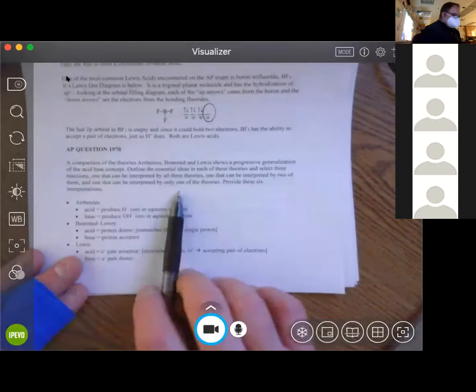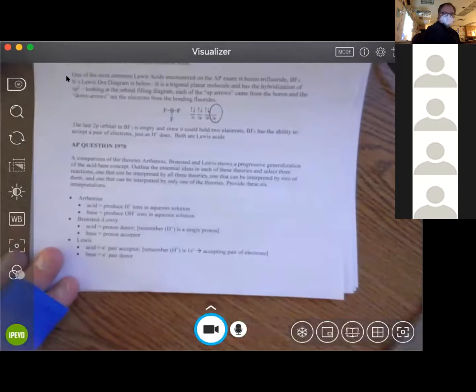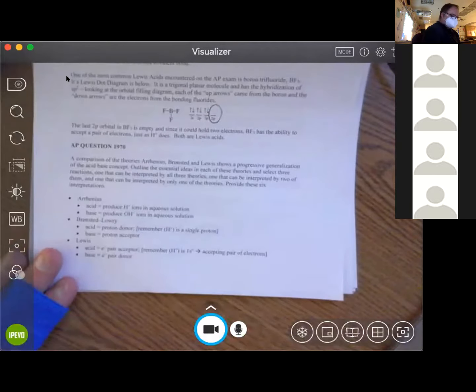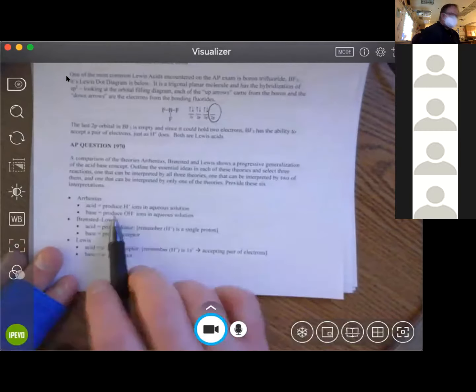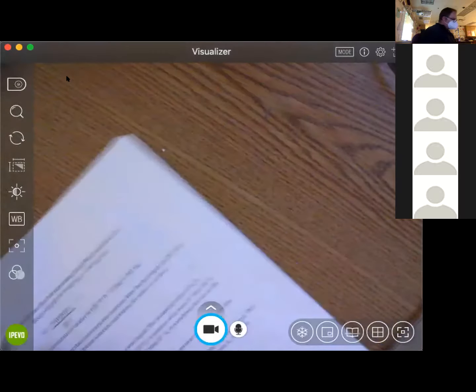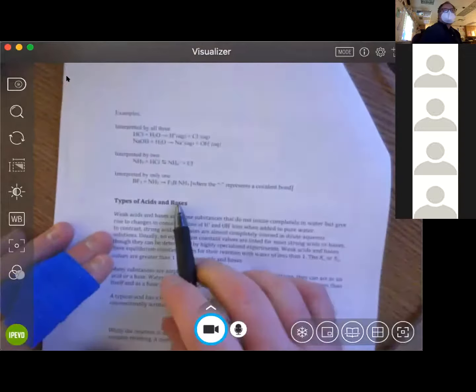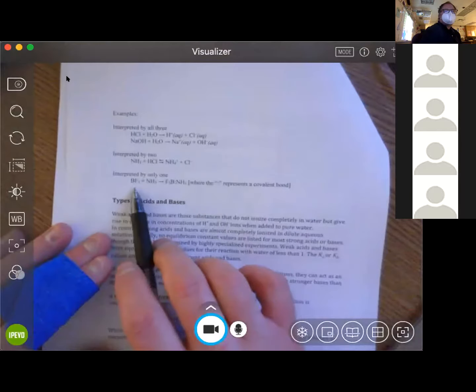So here's a rundown of a very old AP question and the answer to it, but it's basically what I've just given. It's asking for the 3 ideas and the 3 theories, and then you can mark down the concepts behind them with some examples, just as we did. And here is that BF3 example.